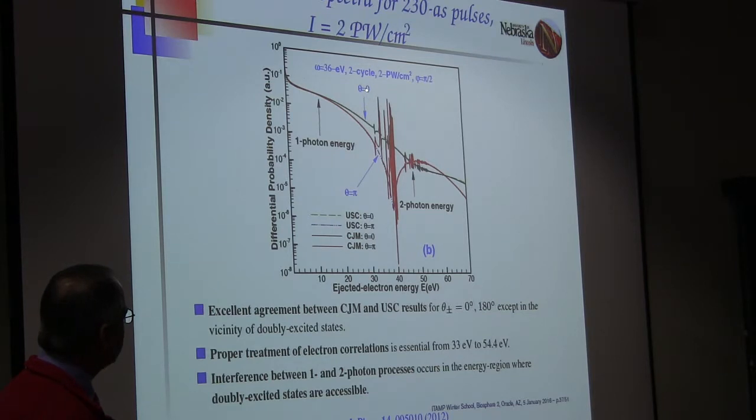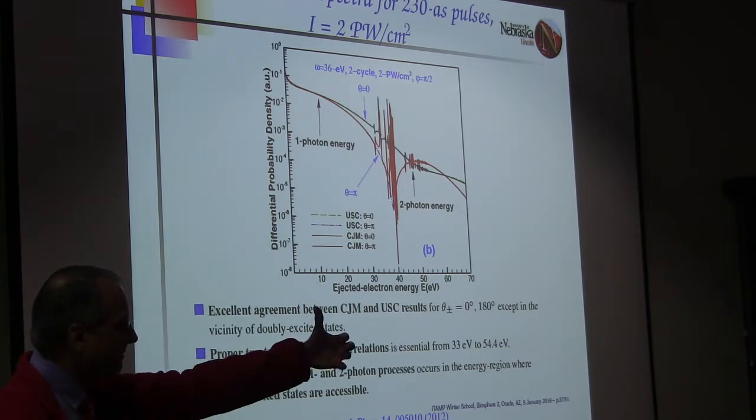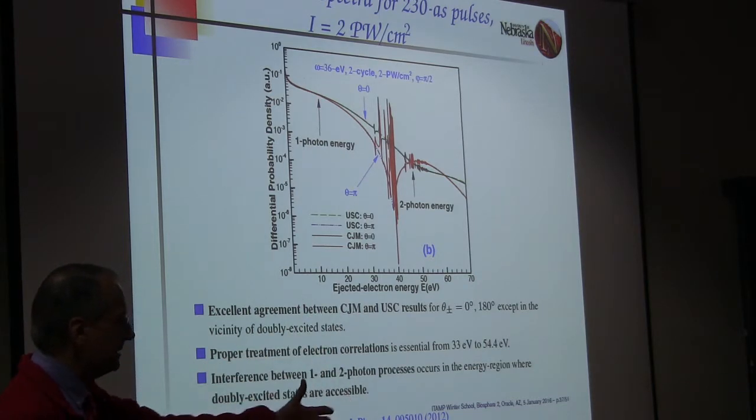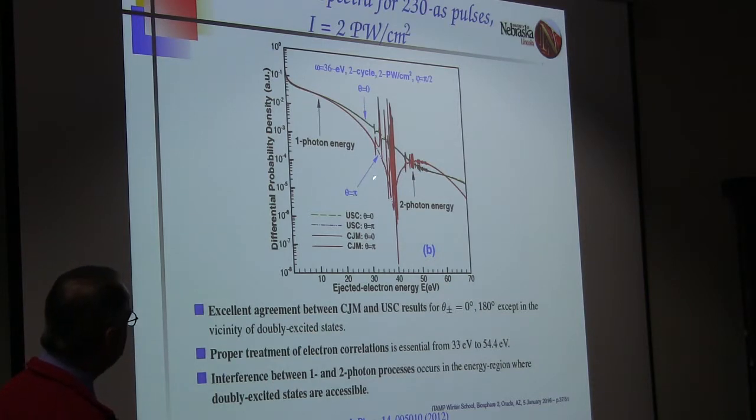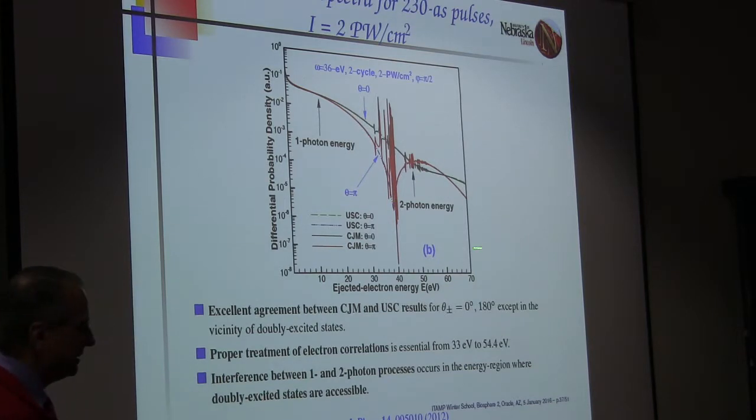Let's look at these curves, and I'll guide you through it slowly. Theta equals 0 curve is the top one. So this is measuring all electrons that come out in the hemisphere along the positive z-axis. Theta equals pi is measuring all electrons that come out in the hemisphere surrounding the negative z-axis.